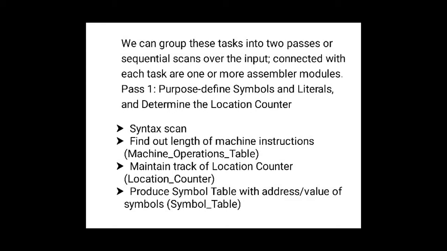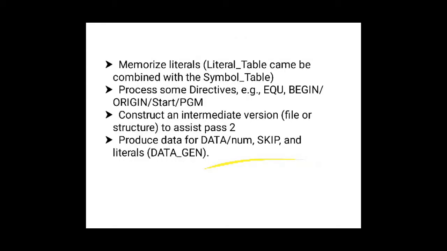Then it keeps track of all the location counters using the variable location counter. Then it produces symbol tables with the address or value of a symbol. Then it memorizes all the literals, and the literal table can be combined with your symbol table for doing this task.